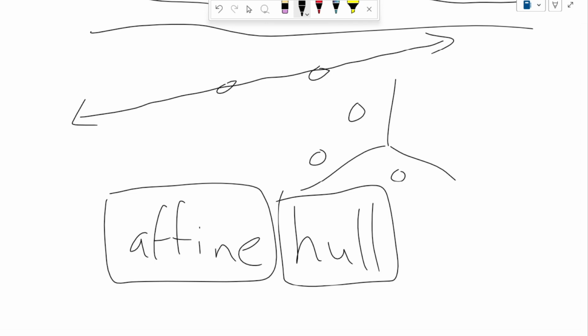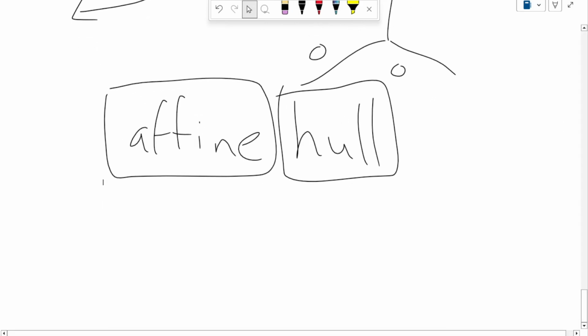So we're basically taking all possible affine combinations of a set of points. And so the affine hull of a set of points is just the set of all possible affine combinations of those points.